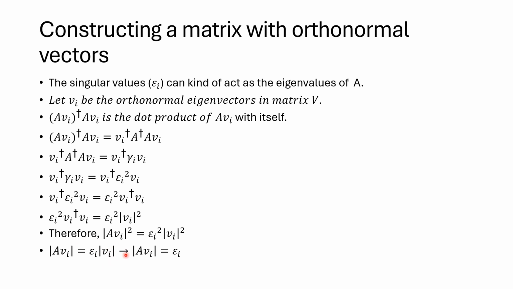It's pretty cool. Now, we know that V is an orthonormal vector, and since it's orthonormal, its magnitude is just going to be 1. So basically, this whole equation just turns out to be this right here, which says that the magnitude of AV is just the singular value.